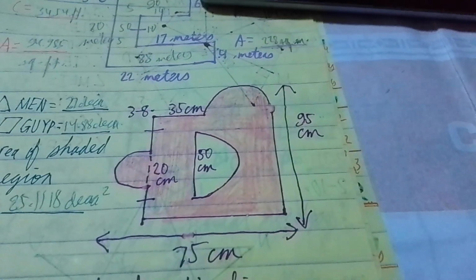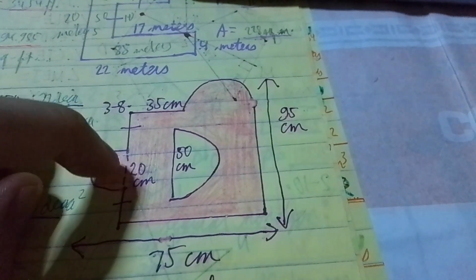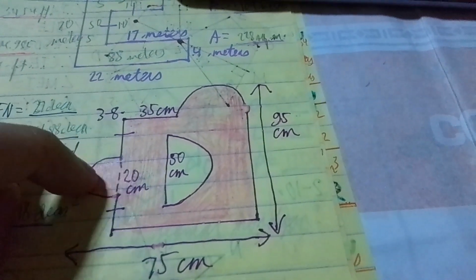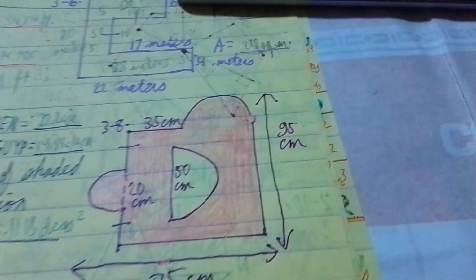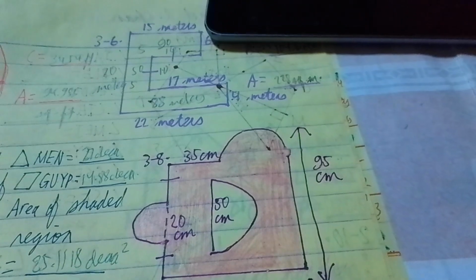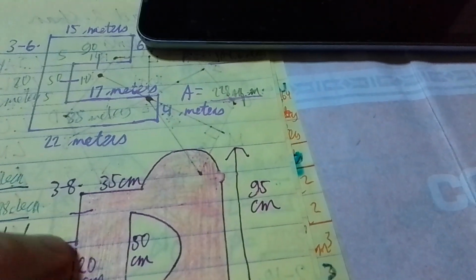So remember that 20 centimeters will become 10 centimeters from here to the center point, and from the center point to the other end. And we know that this is also a radius, because radius does not only form from one side or one dimension, it can also form among all dimensions 360 degrees. So therefore, pwede pa rin ito.